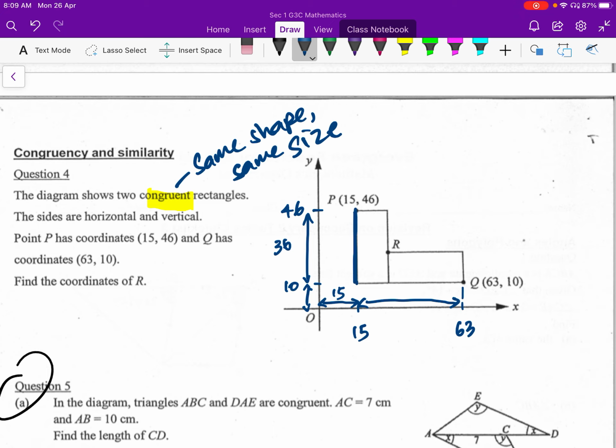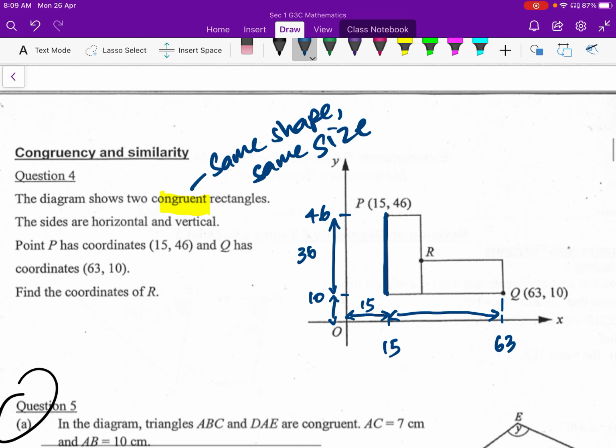Now if that is 36, then given that the two rectangles are congruent, exactly same shape, same size, then this also has to be 36. Same shape, same size. Then we can also find the coordinate with this piece of information already. If this over here is block 63, and the length here is 36, then what must this be?